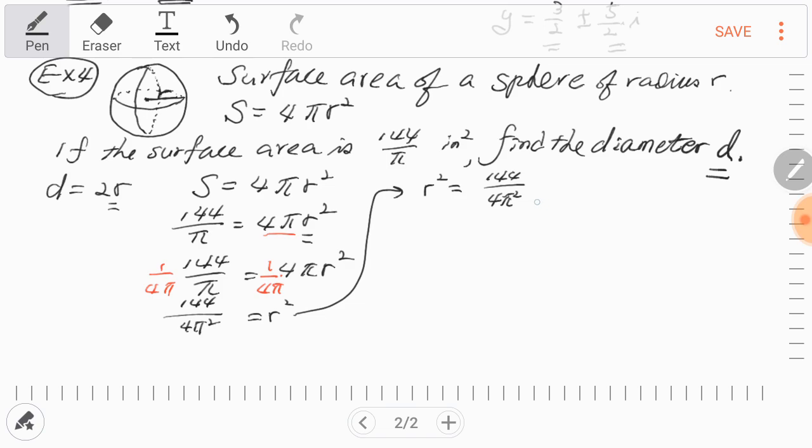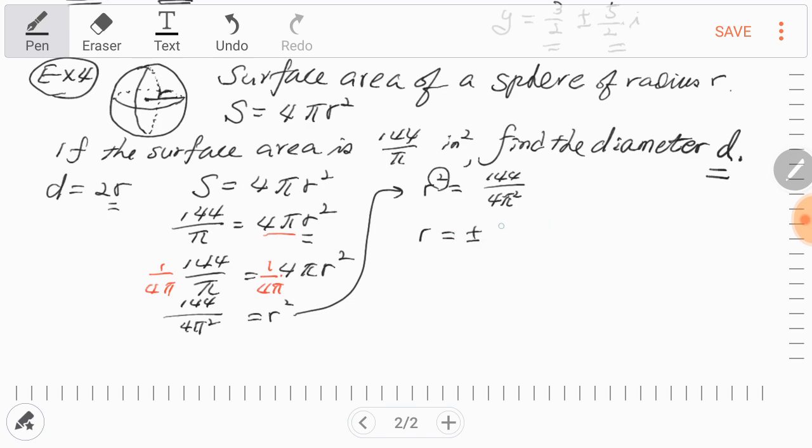I didn't simplify 144 over 4 because we will make a square root. So the square root of 144 is 12, and the square root of 4 is 2. So we'll just leave it. Do not simplify. Then r is equal to what?